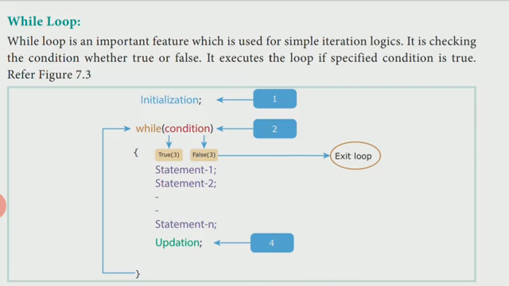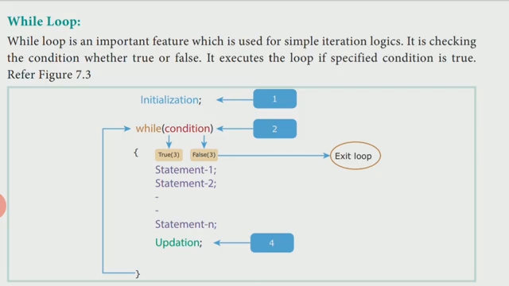Here, first we use the initialization, then the while condition. First the initialization, that is the starting value we want to give, then with the while keyword we give the condition. Then within a set of curly braces, you give the execution statements.